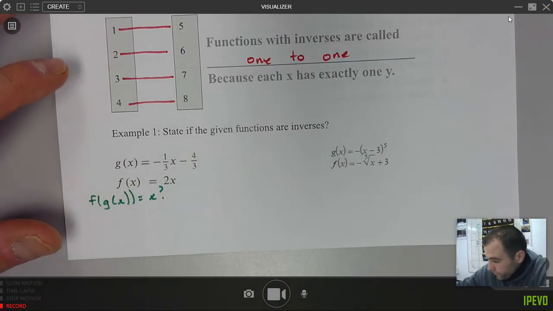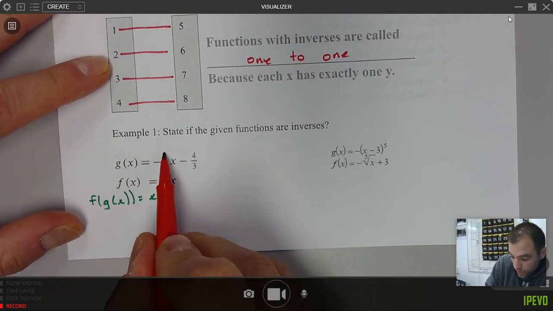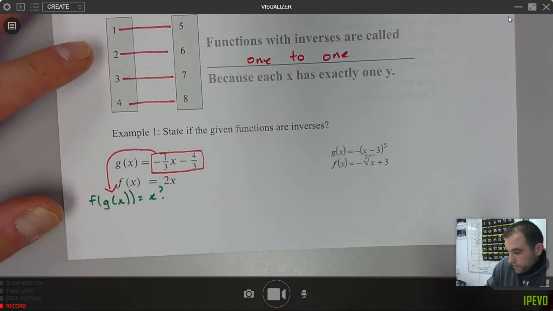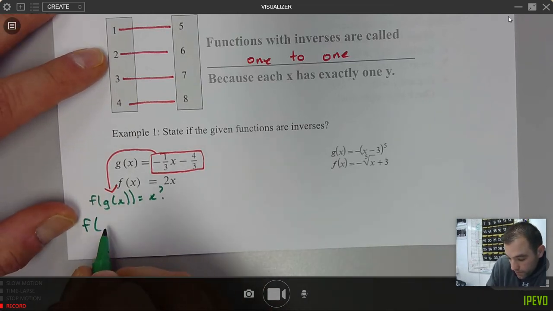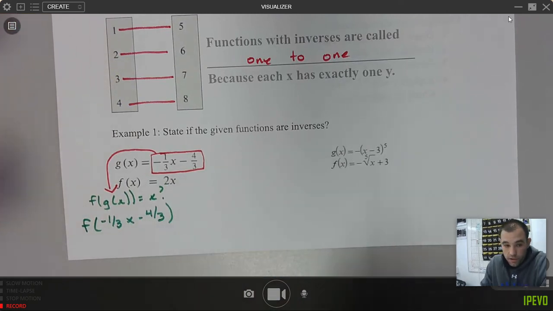All right. So if you remember from your video last class, g of x is on the inside. So I'm going to take this right here, g of x, and I'm going to plug it in where I see g of x. So the f stays the same, and then I put this whole expression in, negative 1/3 x minus 4/3. All I did was substitute.